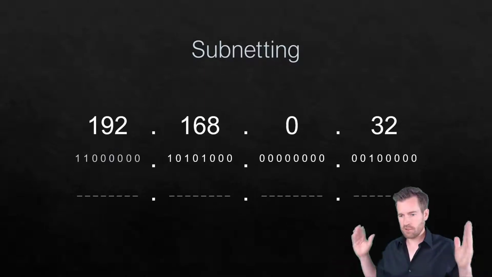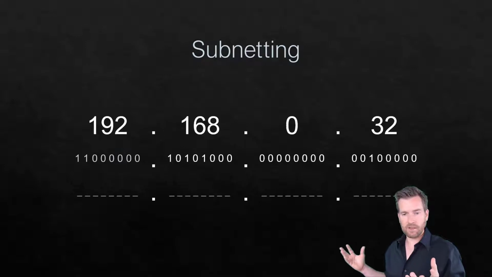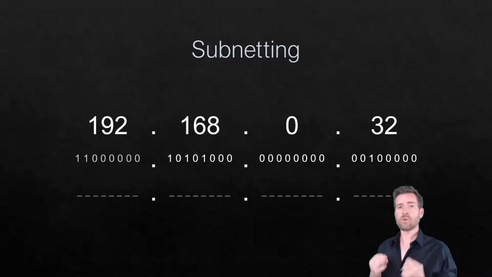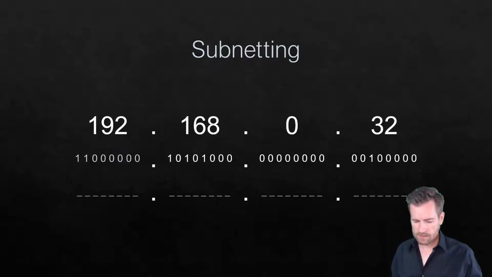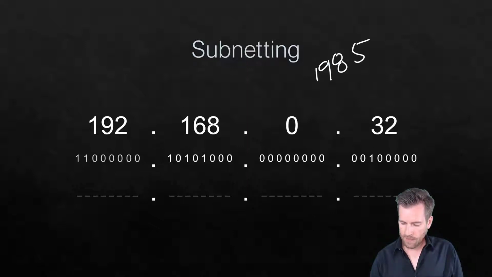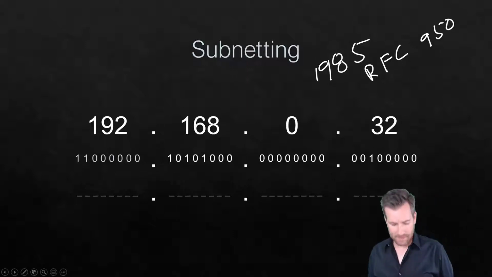And there's still those big, huge networks that had lots of different hosts that can go on those networks. So that's when subnetting came out. Subnetting was defined in 1985, and it was defined by RFC 950. And so that defined what subnetting was.